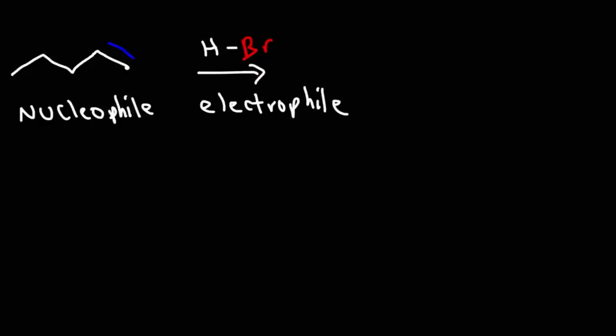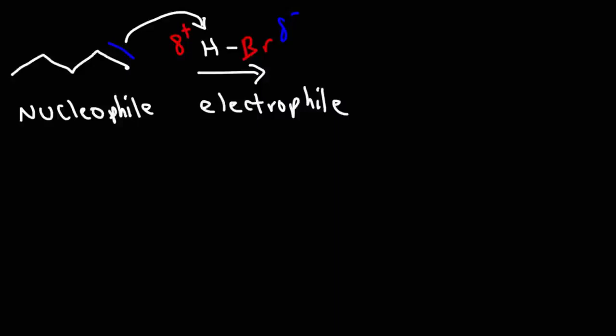Now to show the mechanism, the arrow is always going to start from the nucleophile and go to the electrophile. The reason why the nucleophile, in this case the alkene, is going to react with the hydrogen in HBr is because hydrogen is partially positive, bromine is partially negative.